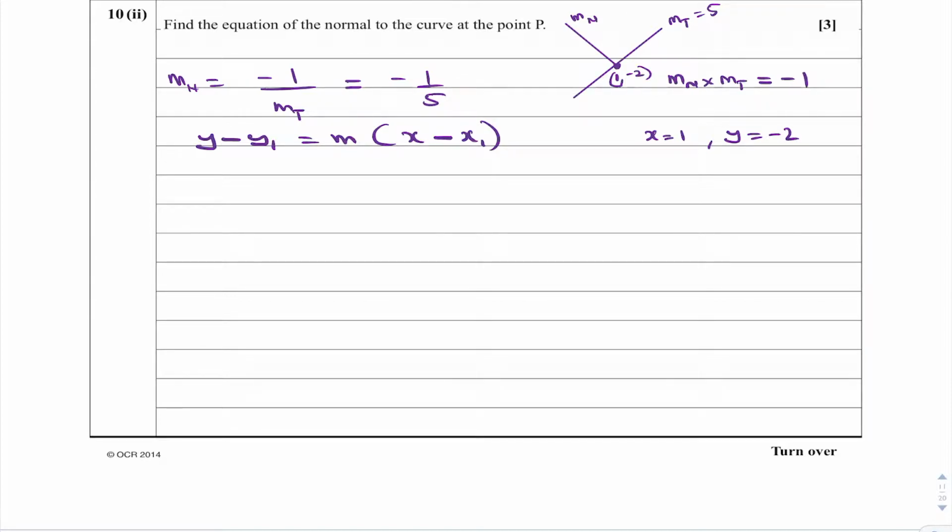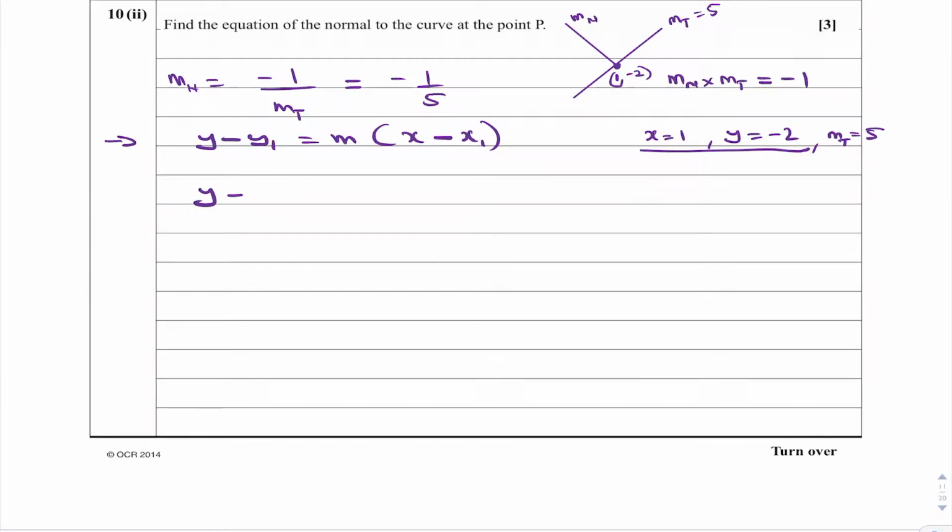So that's the point we're going to use in this general equation for finding the equation of a line with one coordinate and one gradient. If you have one coordinate, like that, and you have a gradient, mt in this case, which is 5, this is the best equation to use. Now let's use that and find the equation. So we know y minus y1.